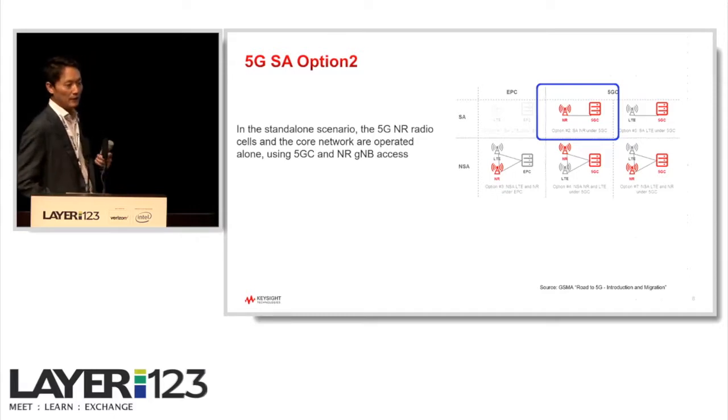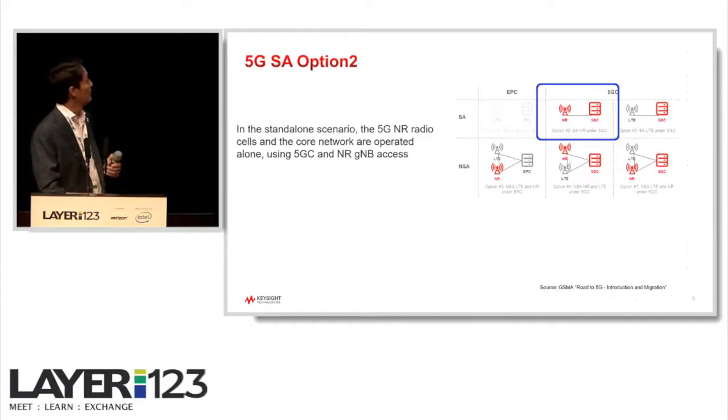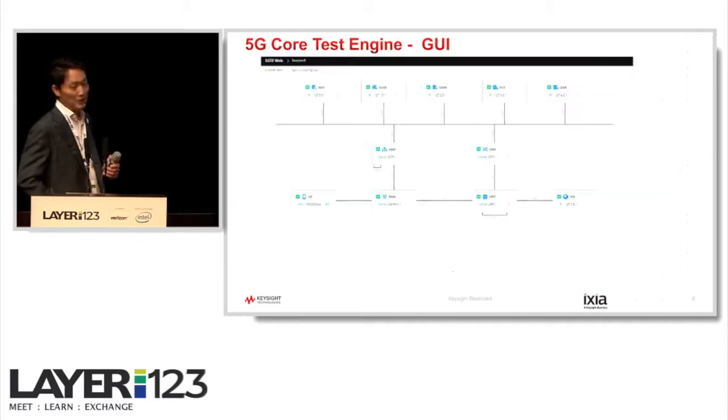And there's a lot of movement in terms of virtualization. We decided that we will use this opportunity to come up with a brand new tool just for 5G testing. Okay, we call it the 5G core test engine.